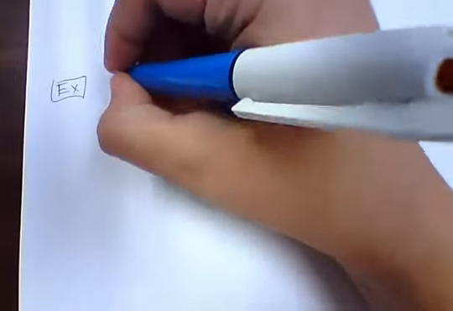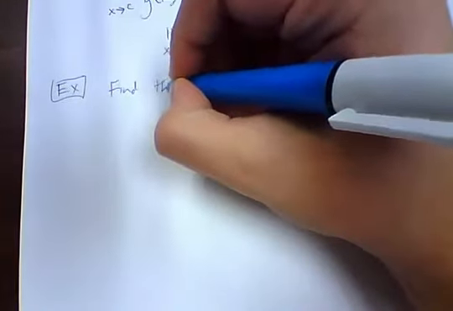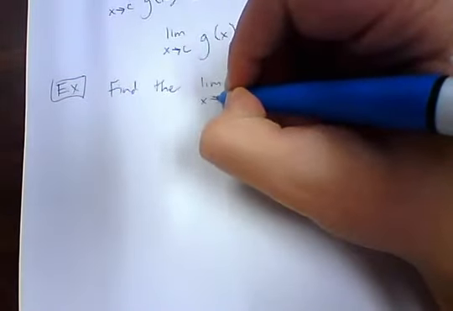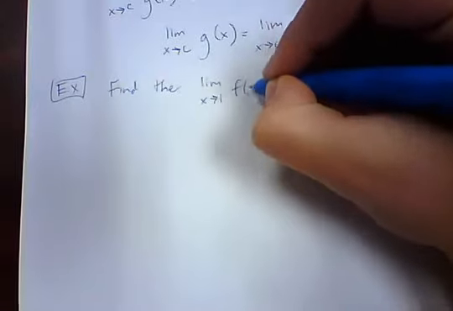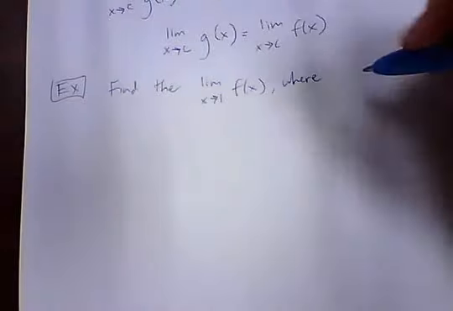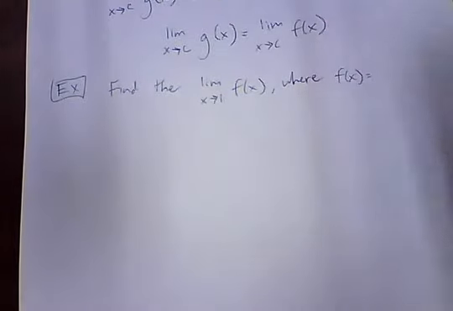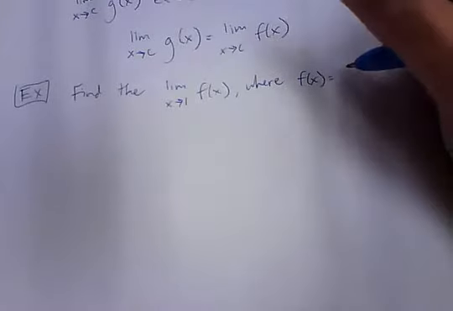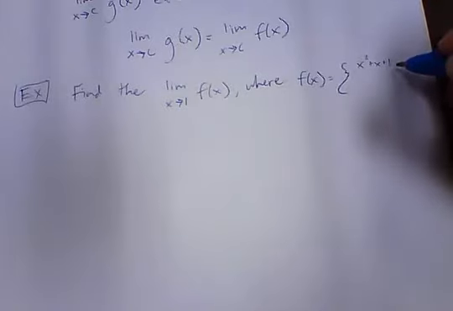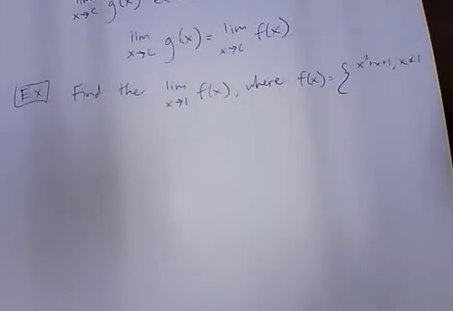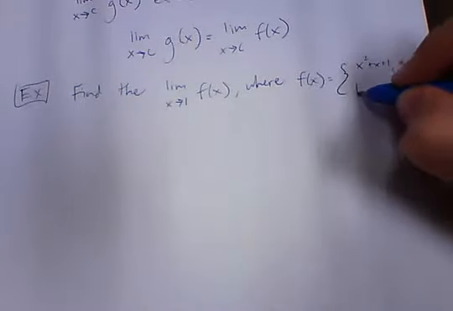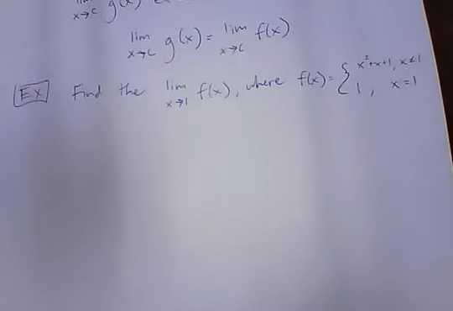Say we are asked to find the limit as x approaches 1 for f of x, where f of x equals a piecewise function. So we have x squared plus x plus 1 when x is not equal to 1, and 1 when x does equal 1.